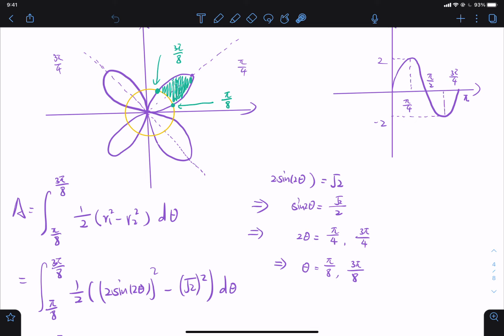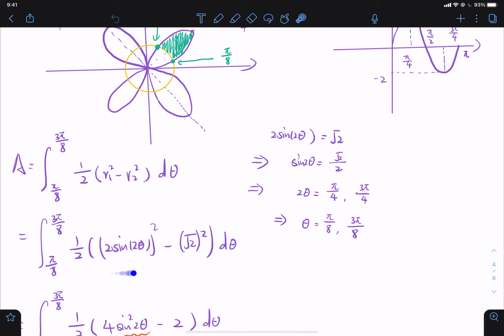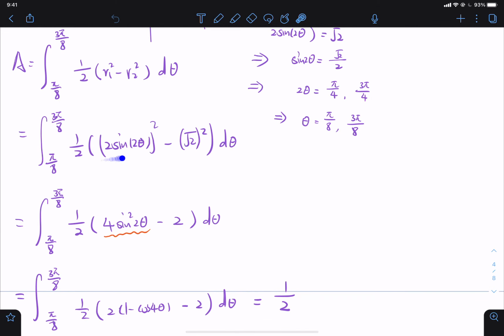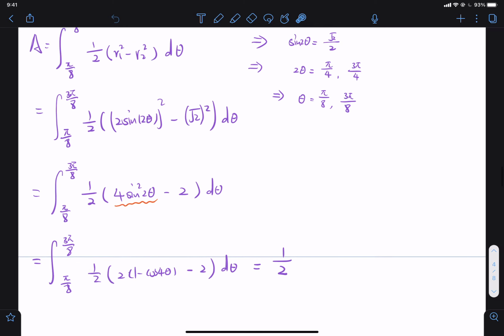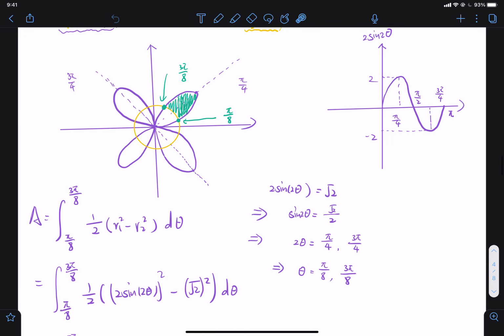Okay, so 1 over 2 r squared d theta, r1 minus r2. Okay, and then we plug in, right? And I believe you also have the solution, so it's clear that this integration is not hard, and then the final answer is 1 over 2. Okay, so that is our area.